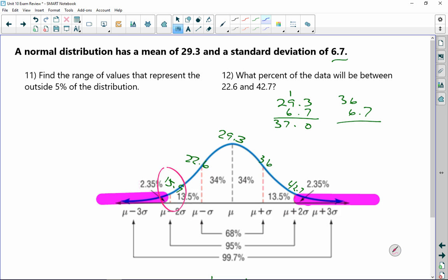I have to use that number, so it's all my x values that are less than... right? Hello. You better pay attention. It's all the numbers that are that way, right? But it's also all the numbers that are... which is what? 42. Okay, is it greater than or less than? Greater than, right?